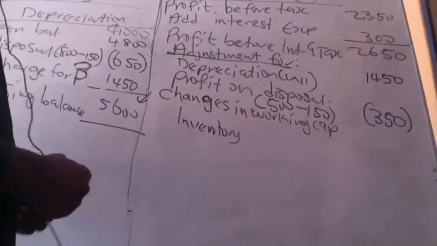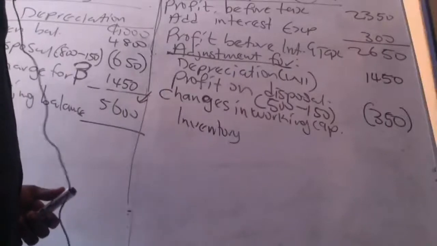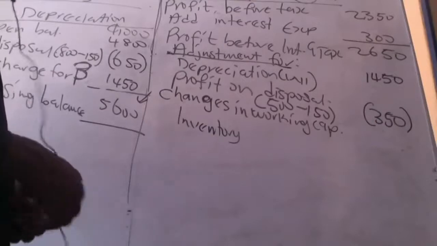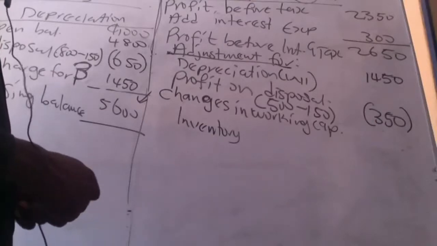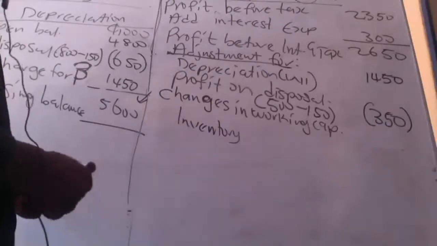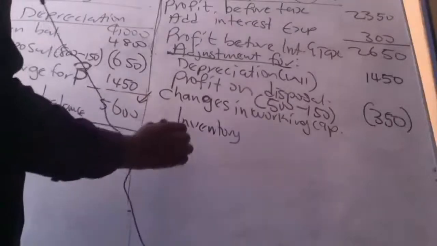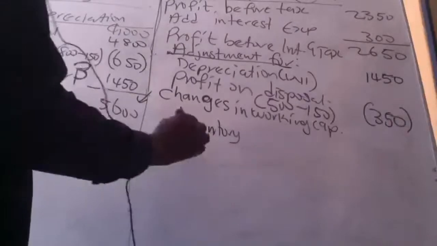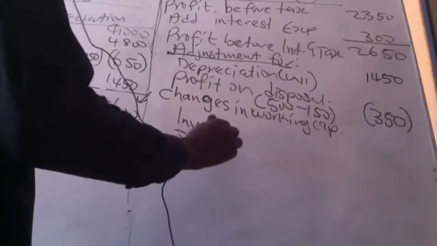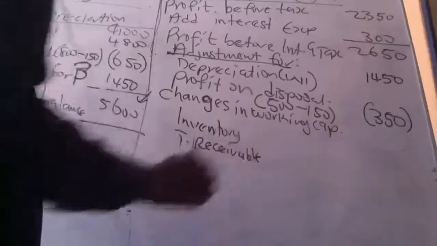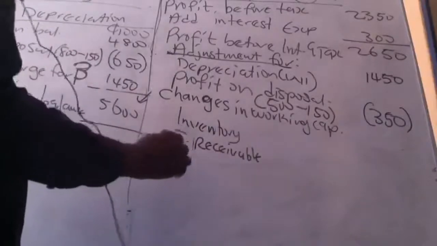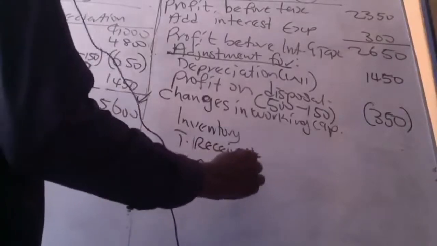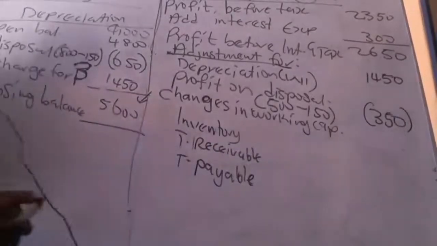Good. Trade receivable. Then check for trade payable. That's all. The movement. Whether it has increased or not.